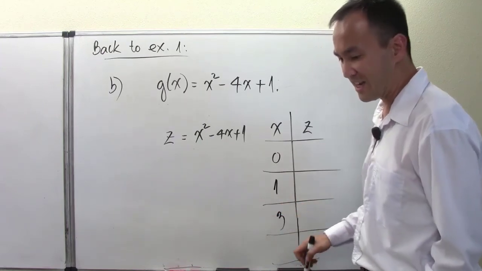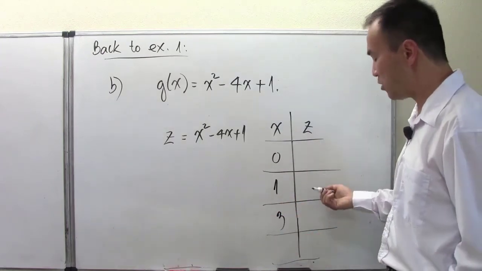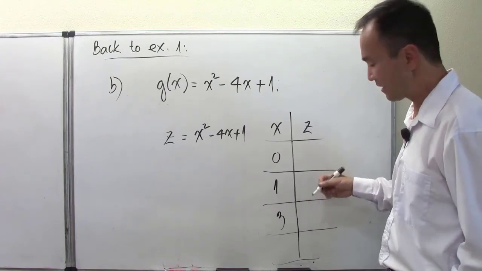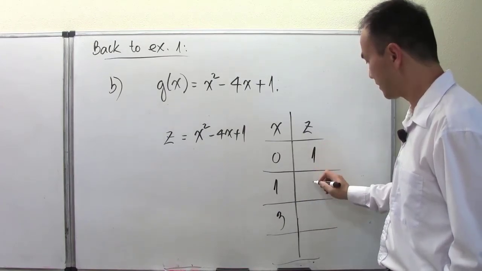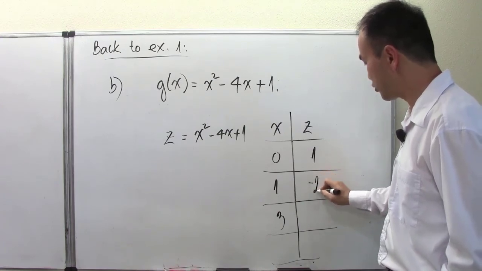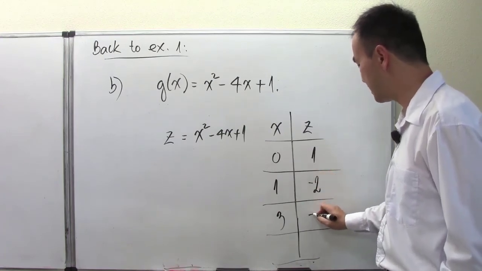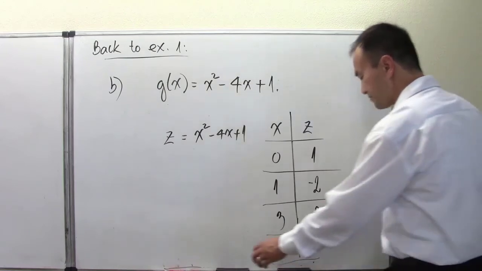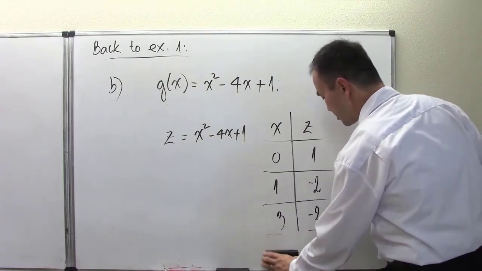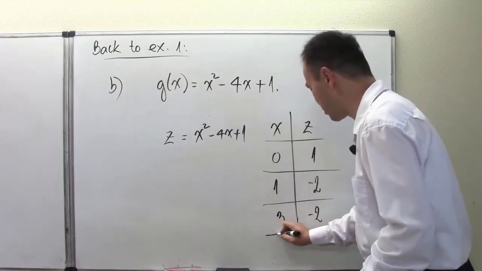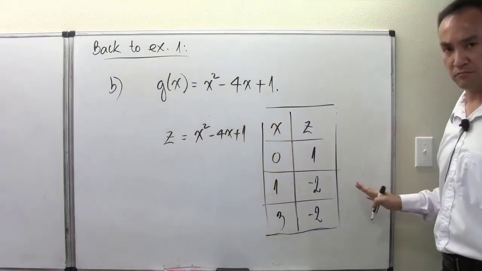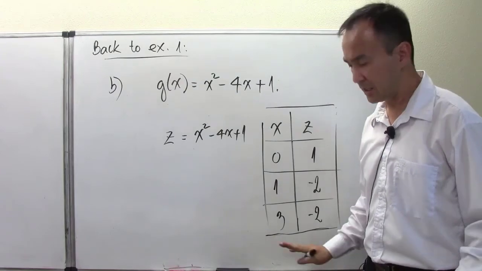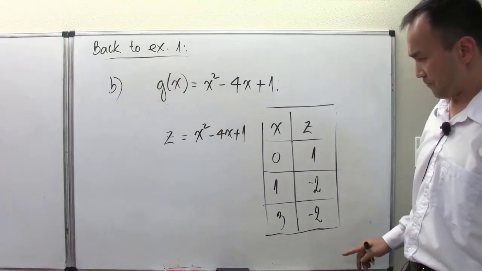Okay? And then we came out with final output values, and that was a 1 here, and that was a minus 2 here, and that was another minus 2 for the z column. So that was the table of values we've seen back at the problem itself right there. Okay, so nothing surprising about this.